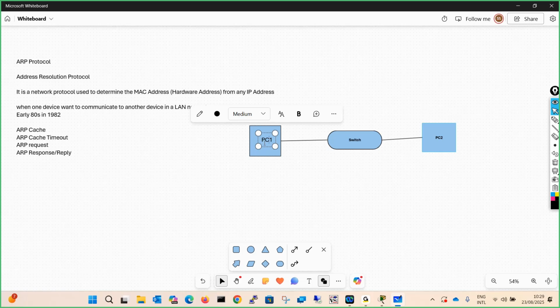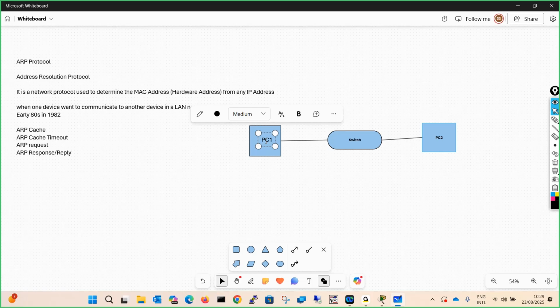But if you make a manual entry, that will not go out. We have seen in the switch, right? We added the MAC entry, and that doesn't wipe out. Similarly, over here, PC1 also maintains the ARP cache, which is a local, temporary table, and at a specific interval it will wipe out because it is a dynamic entry. So, what is ARP cache? It is clear.